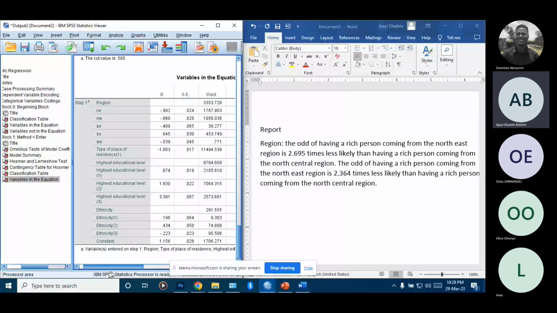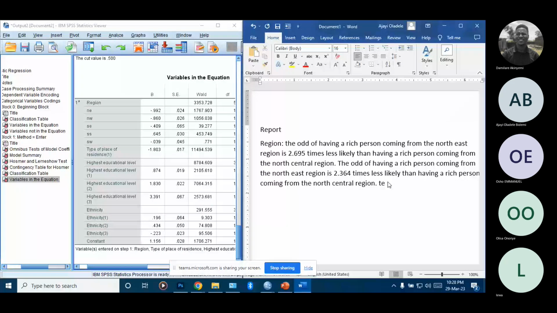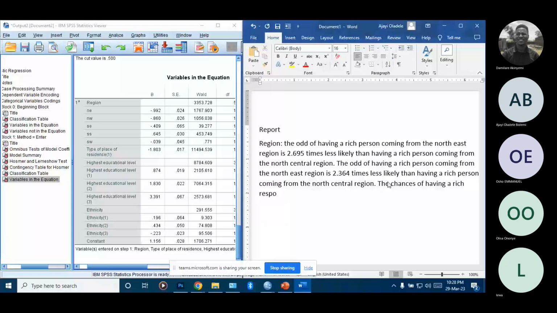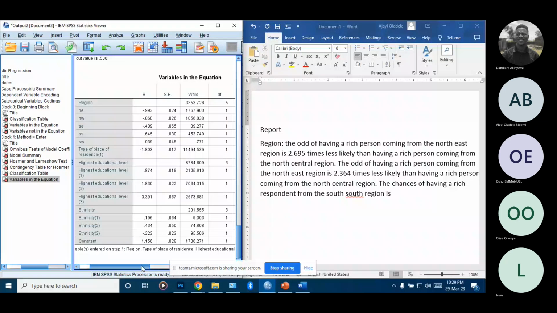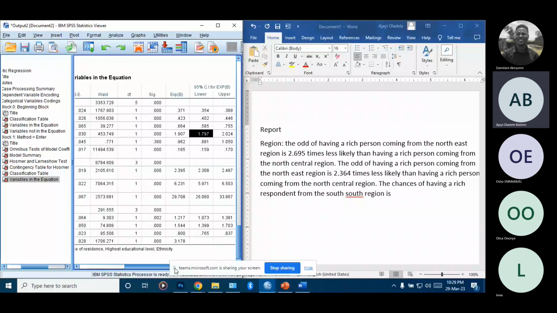The respondents from the south region is 1.797 times more likely than having a respondent from the reference region.